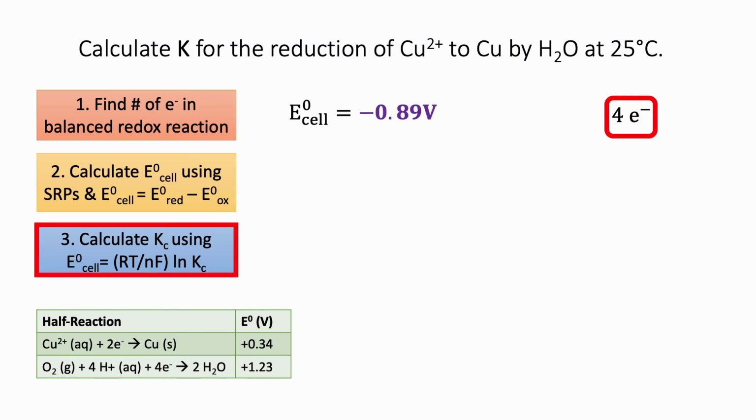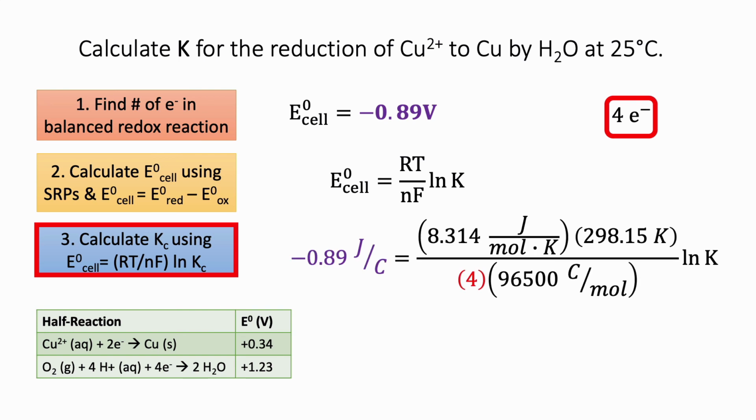Now that we have both our cell potential and our number of electrons, we can calculate the E naught of our cell. Here's our equation. We can plug in the numbers. You'll notice that this includes 2 different constants, the Faraday constant and also R, our gas constant. We're going to use 8.314 joules per mole Kelvin, since this is related to energies, and we have, for example, joules on the other side of the equation.